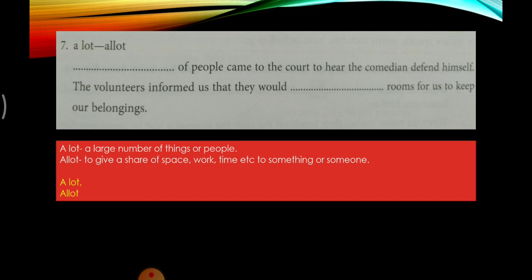A lot of people came to the court to hear the comedian defend himself. The volunteers informed us that they would allot rooms for us to keep our belongings. So, here the spelling of allot will be A-L-L-O-T, allot. Done?